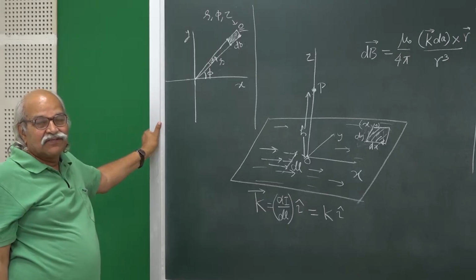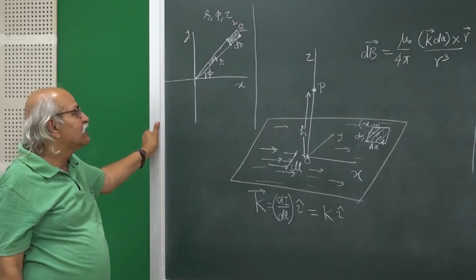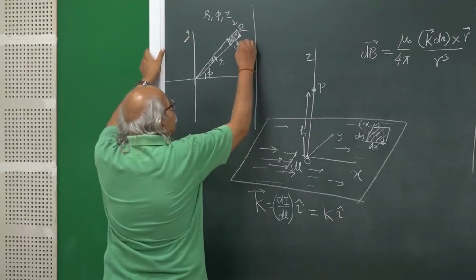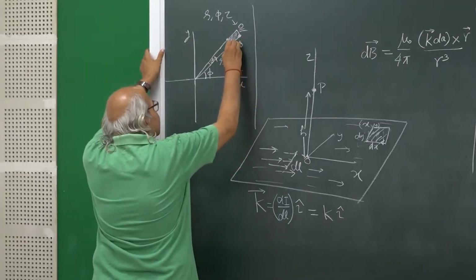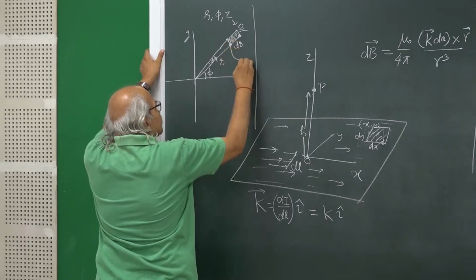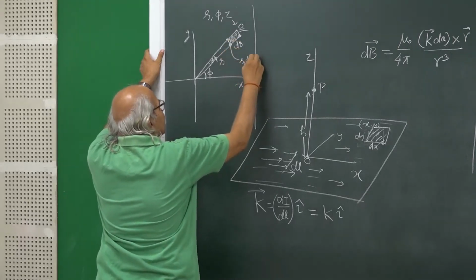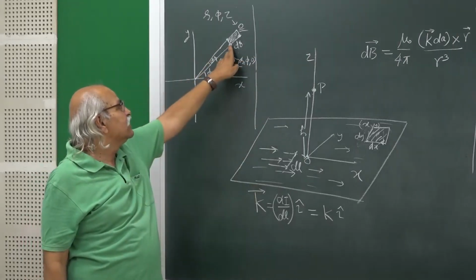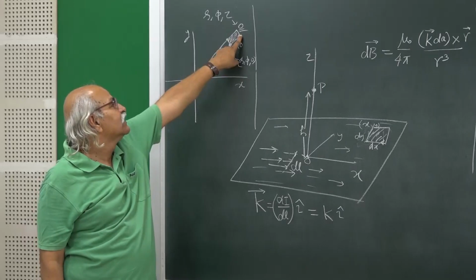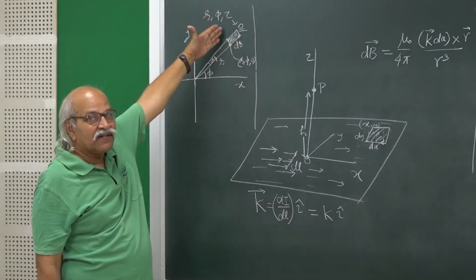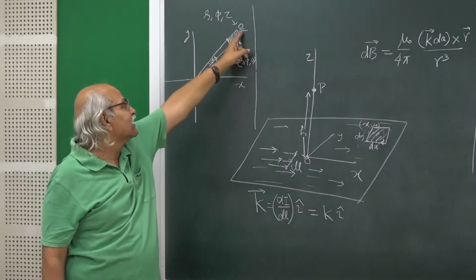We make this area element at this point, and this is the point where my coordinates are s, phi, 0, and from here s is changed to s plus ds and phi is changed to phi plus d phi, and you construct this area.